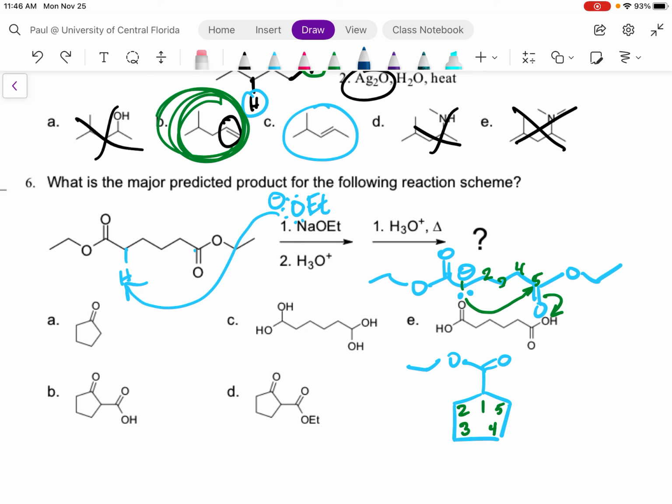Now, attached to carbon 5, what do we have? Attached to carbon 5, we're going to have the O minus, and then attached the ethoxy piece. This piece is that piece. And it's not an ethoxide, but an ethoxy piece.